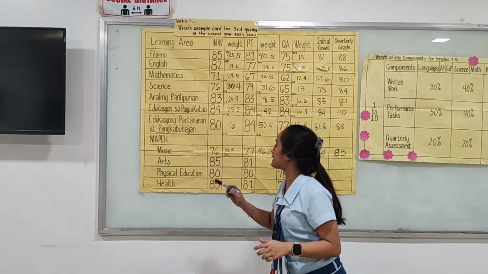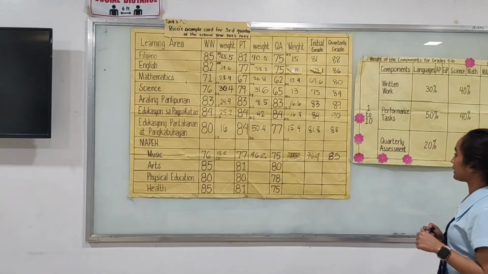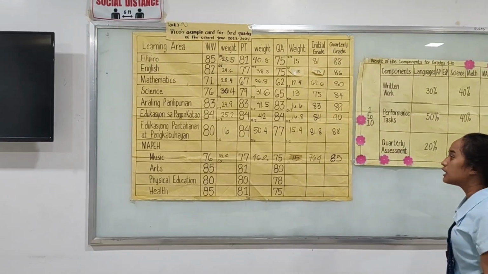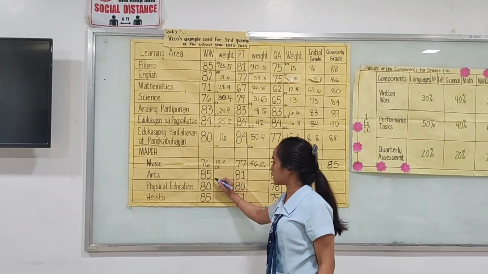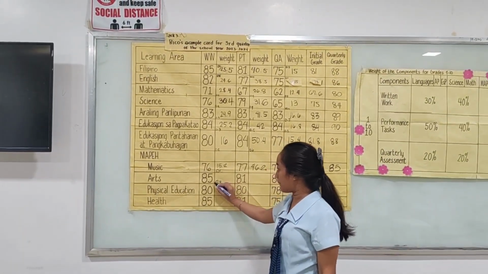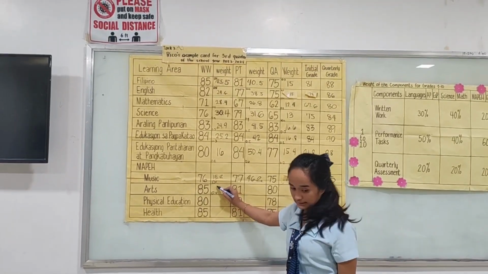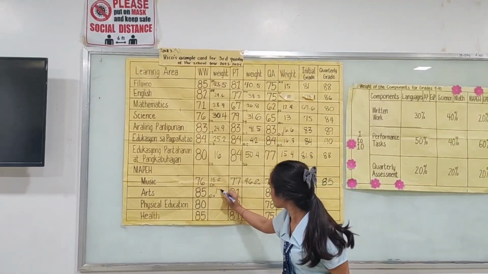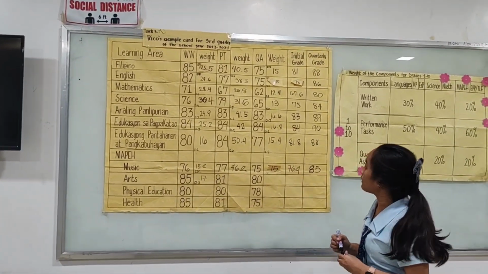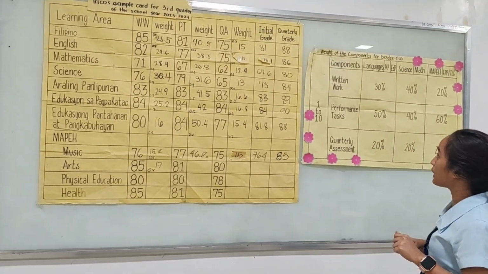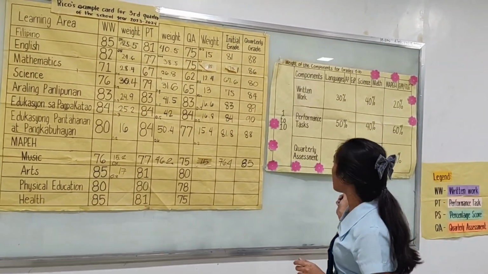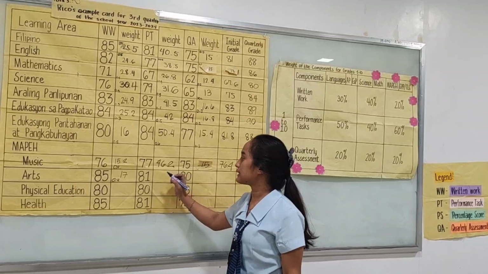So in MAPEH Arts, the weight component of the written work is 20%. So the decimal number of 20% is 0.2. So 85 times 0.2 is 17. So in the performance task, the weight component is 60%.